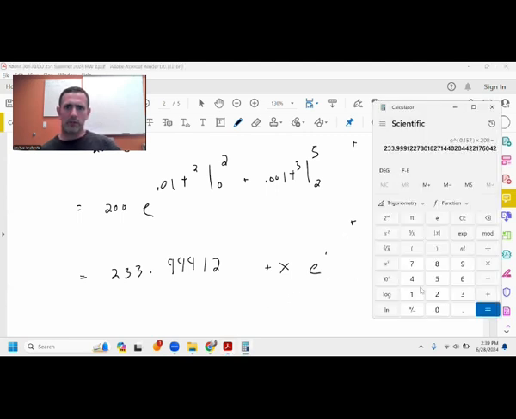So there it's 125, 5 cubed. And there it's 27. So raise that to the e. 1.10296.